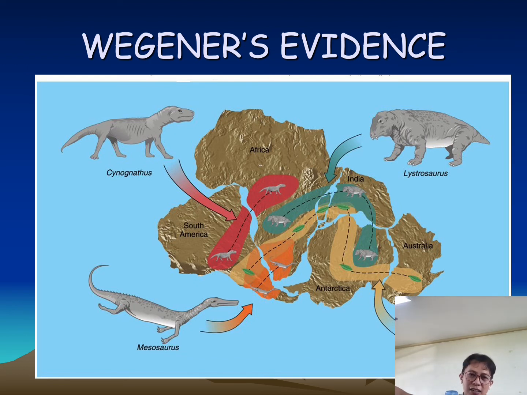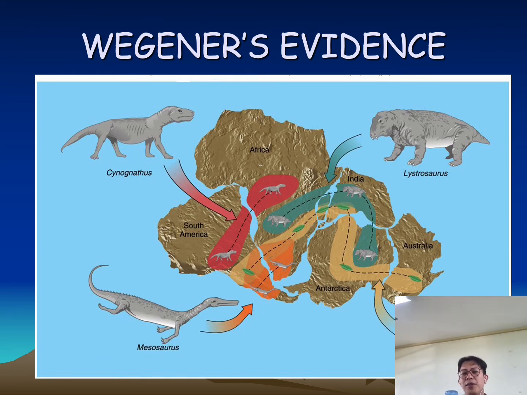So it is impossible, if these cynognathus were alive today, for them to travel from South America to Africa, because the continents are already separated. It's very impossible for cynognathus to travel.